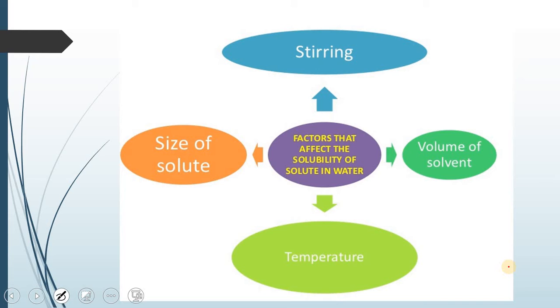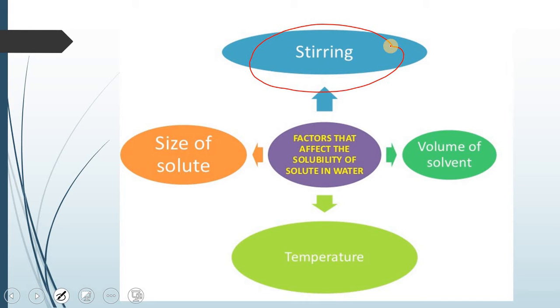The factors that you should know that affect the solubility of a solid in water, the first one is stirring. What it means is we have to stir. If we stir faster, then the rate of solubility will increase.